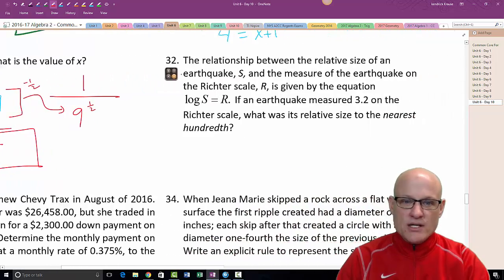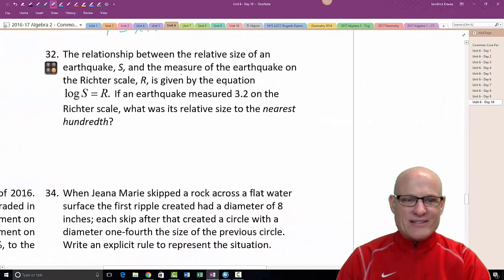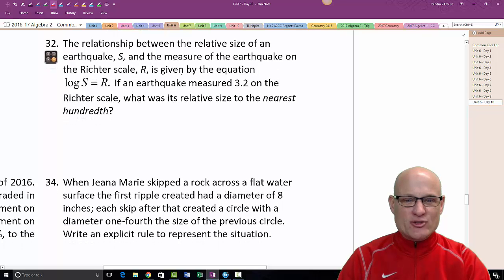32. The relationship between the relative size of an earthquake S and the measure of the earthquake on the Richter scale R is given by the equation log S equals R. What's my base here? That's right, base 10. If an earthquake measured 3.2 on the Richter scale, what was the relative size? So I'm looking for S. So it's log base 10 of size is equal to 3.2.